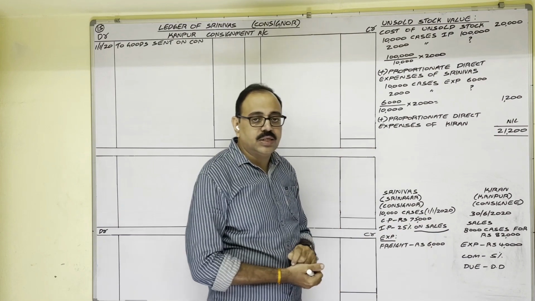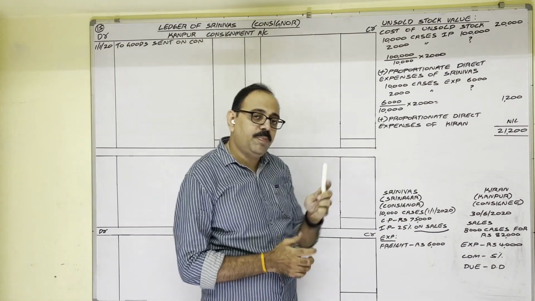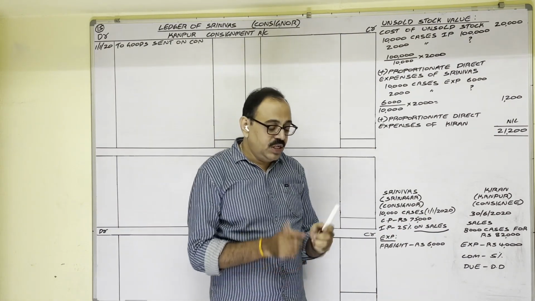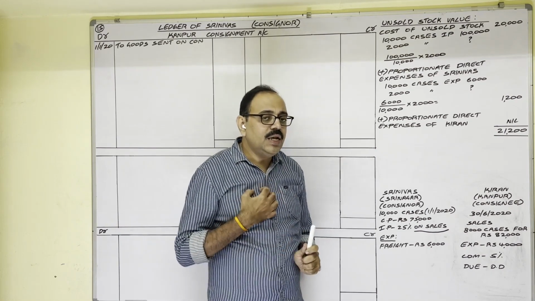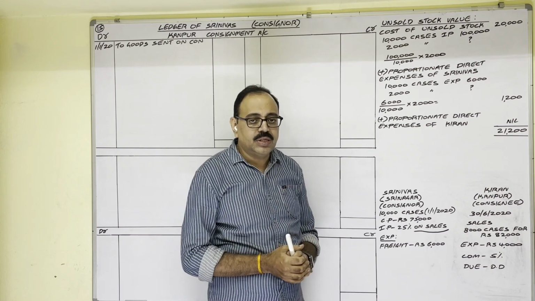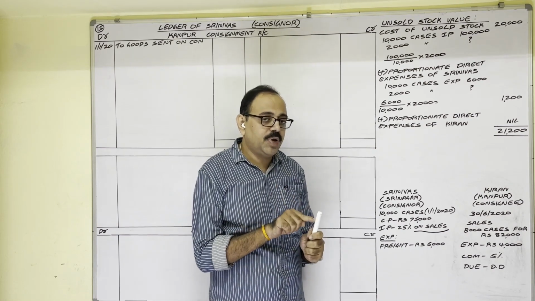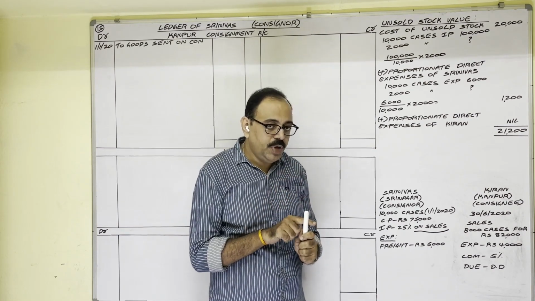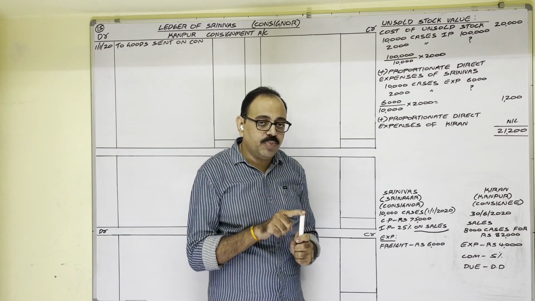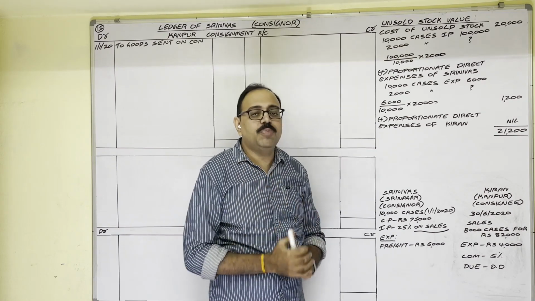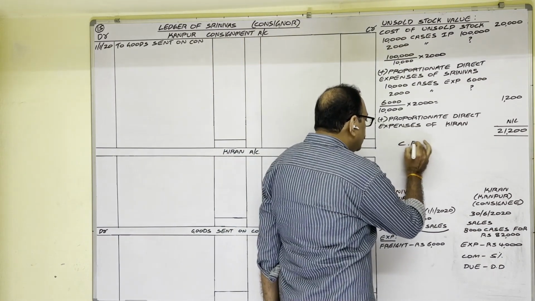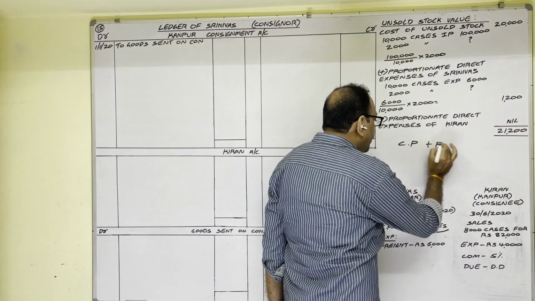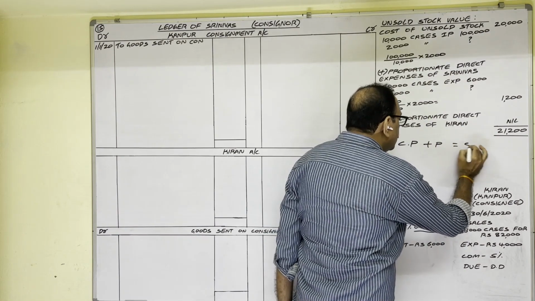25% on sales. Suppose we take this pen. Assume this pen costs 30 rupees and the seller needs a profit of 5 rupees. Then how much will be the sale price? Cost 30 rupees plus profit 5 rupees, 35 rupees is the sale price now. So cost price plus profit is equal to sale price.